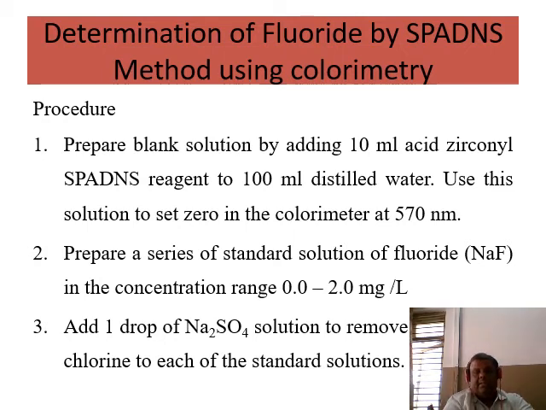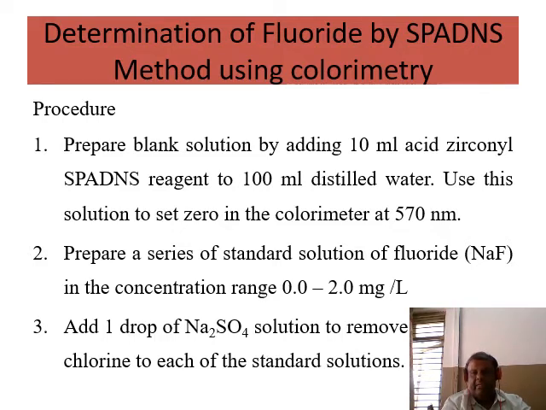Preparation of the blank solution is made by the addition of 10 ml of zirconyl SPADNS reagent in 100 ml of distilled water. Here we have to be very careful that only distilled water is taken. If you take any other water, it may be contaminated with fluoride.